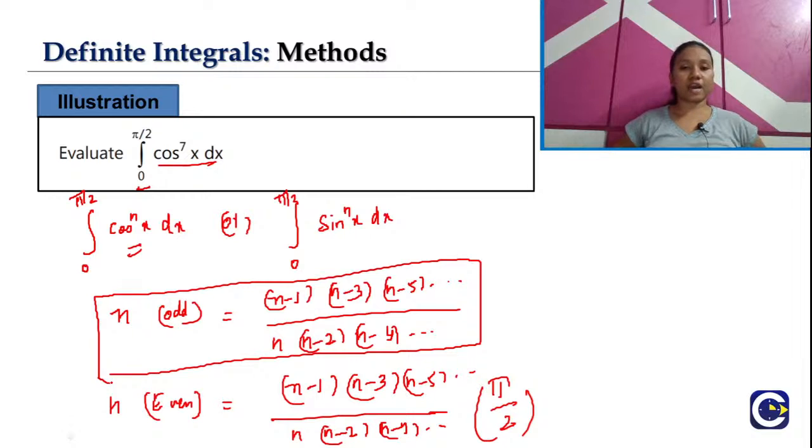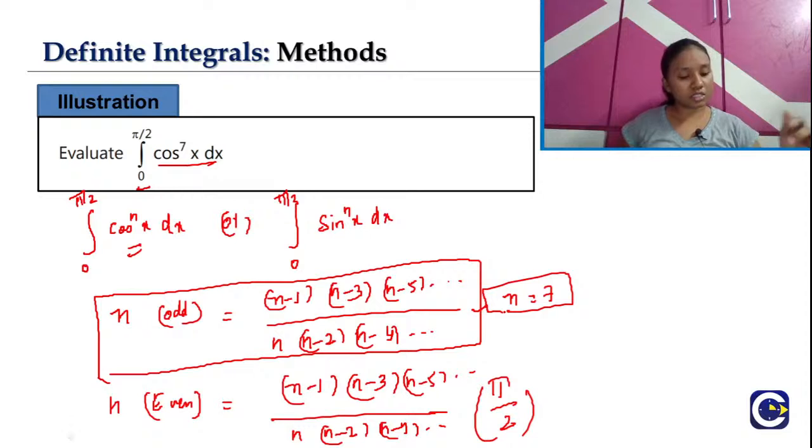Quickly guys, I have given the formula here, just the application part here. So here, what is the n value according to the question? N equal to 7. Okay, 16. 16 divided by, what's the answer?